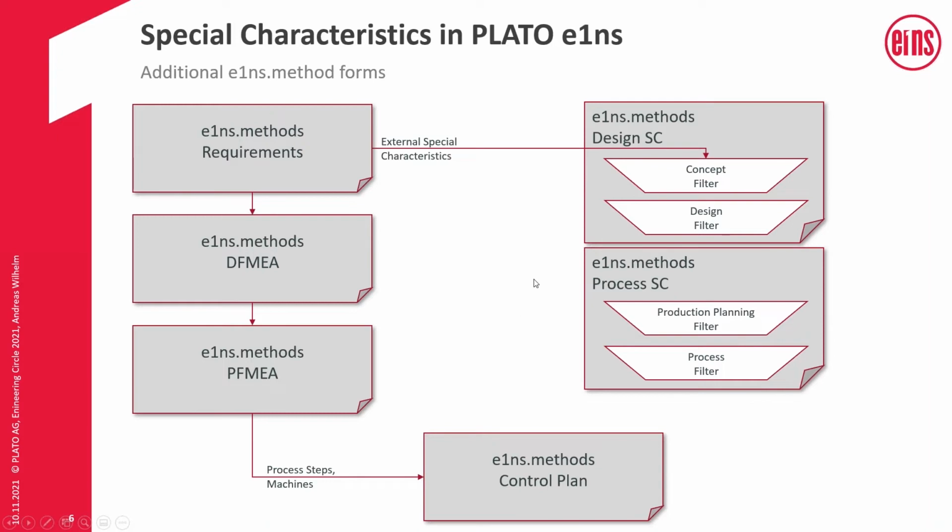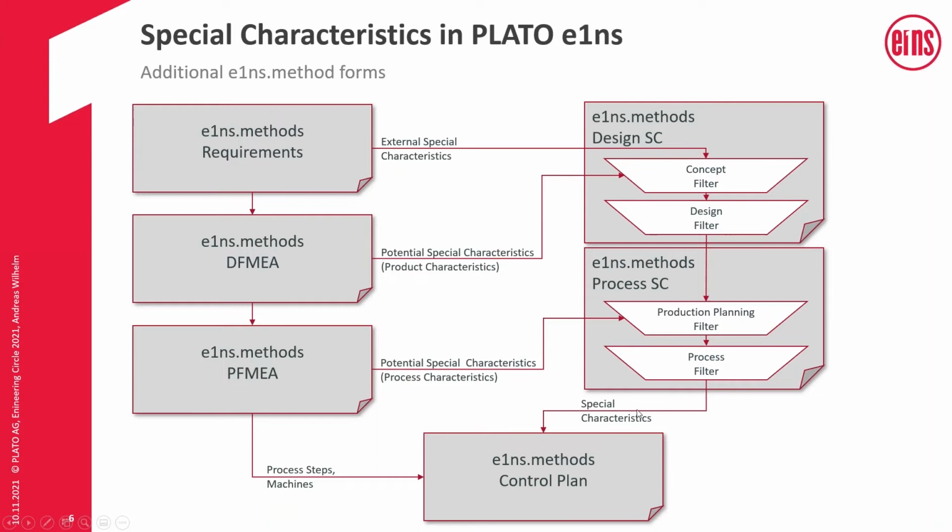We can put the external characteristics and the product characteristics into the filter here in the design phase, to the concept, and later the design filter. And then the process characteristics coming from the P-FMEA, in addition to this in the production planning filter and the process filter. At the end of these 4 filters, the result is a defined list of special characteristics which can be used in the control plan.